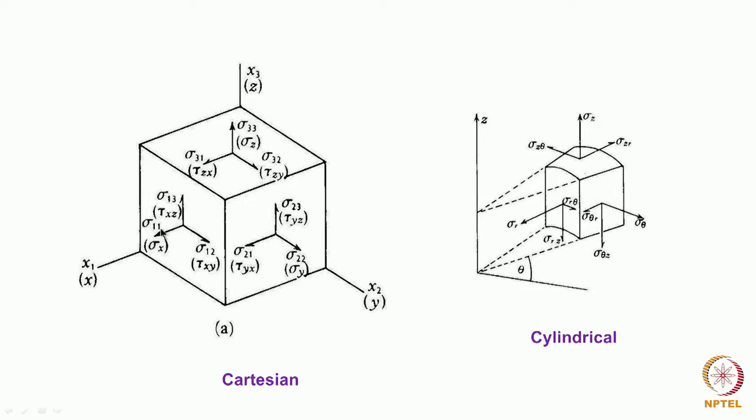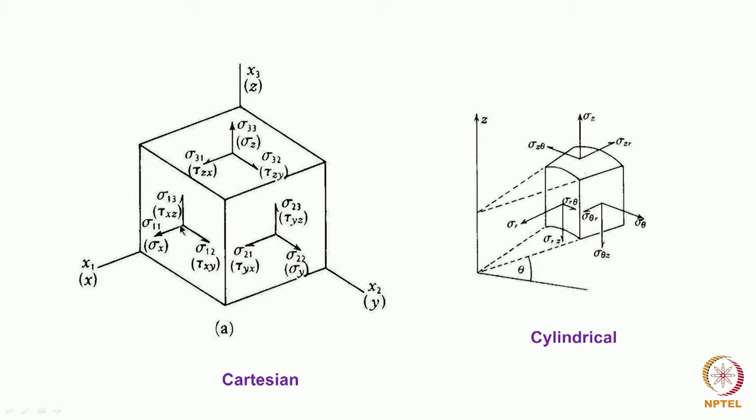In this, there are 2 notations in which the coordinates are represented: one using 1, 2, 3 to represent the x, y and z coordinates, and otherwise writing them as x, y and z. On the positive faces is where these stresses are shown.